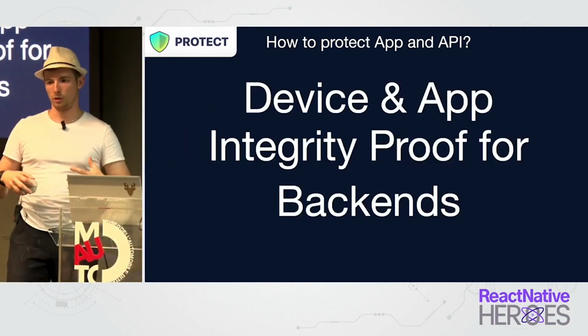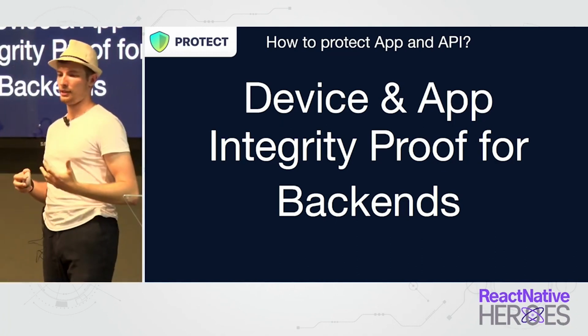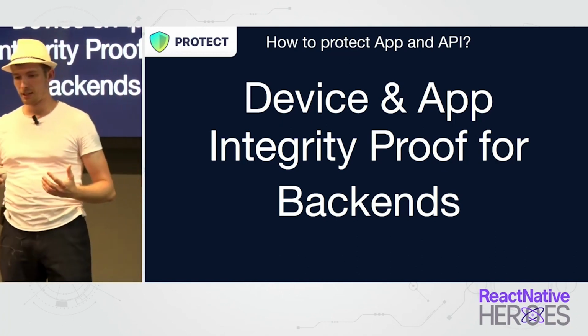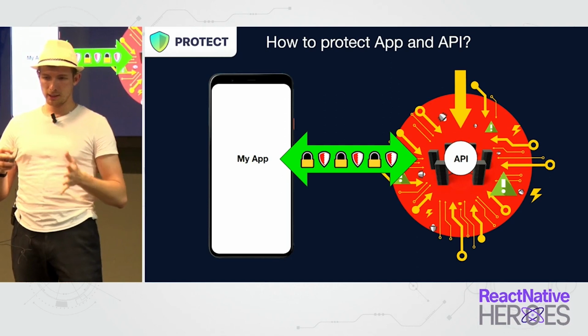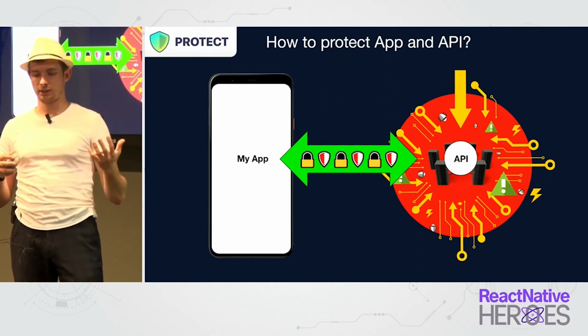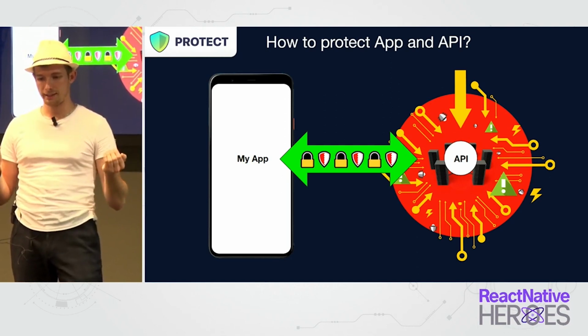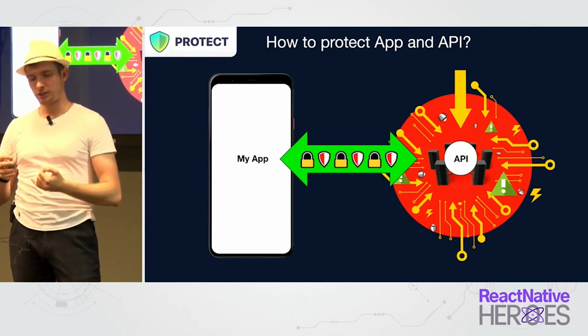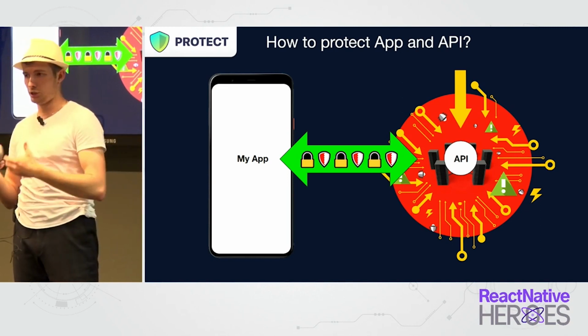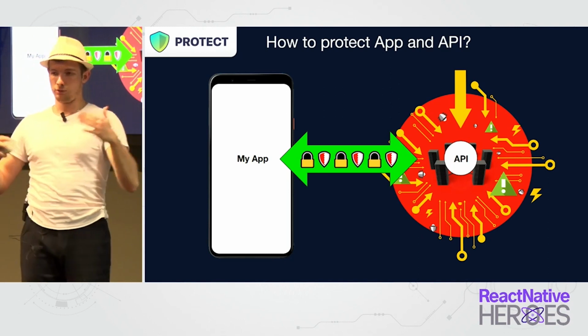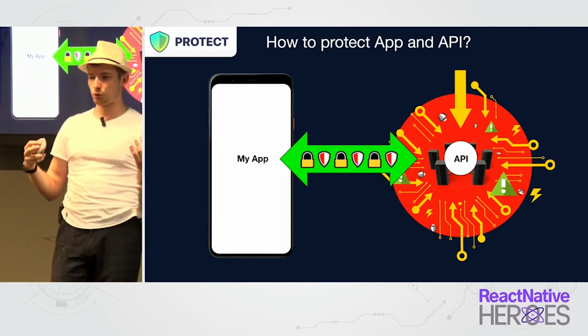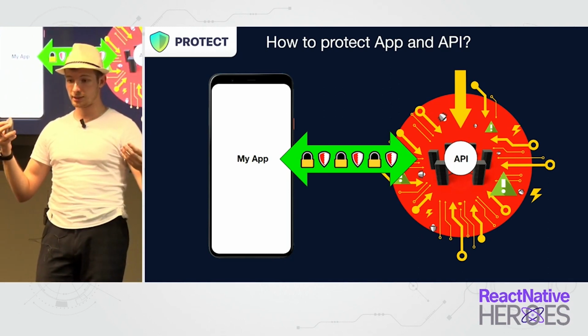We also like to call it a device and app integrity proof for backends. You need something which will tell you that your application is okay and that your API is talking to a legitimate target, and you need to somehow create a secure channel between these two parts.